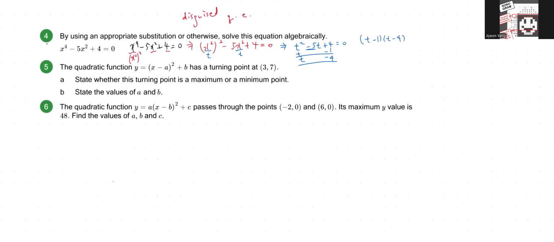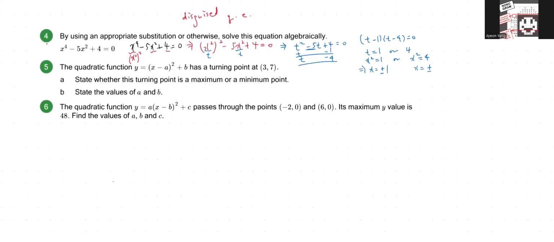Therefore, the value of t is either 1 or 4. Since we are finding the value of x, not t, you need to bring x back. Since t was the substitution of x squared, write down x squared equals 1, x squared equals 4. From here, you can get x as, don't forget to write down negative, x equals plus or minus 1, and x equals plus or minus 2.